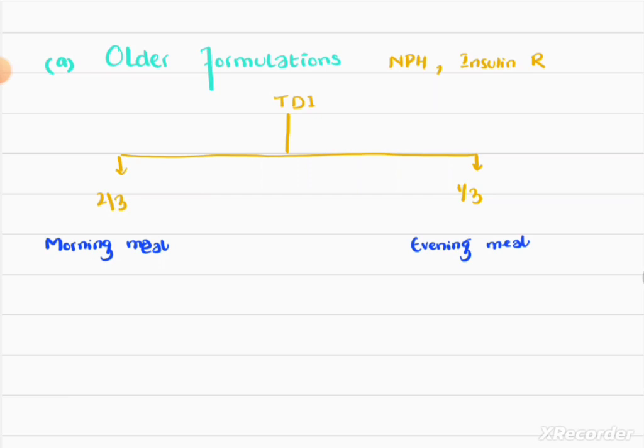Now this two-thirds that we give before the morning meal, two-thirds of this can be given as NPH and one-third can be given as regular insulin.